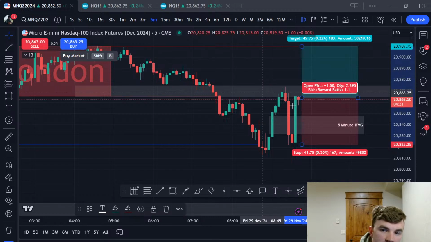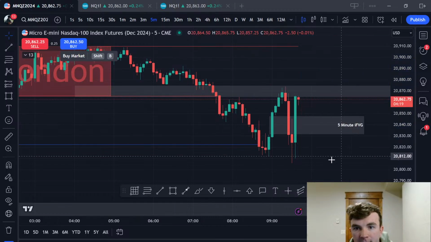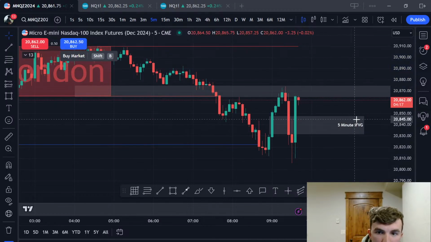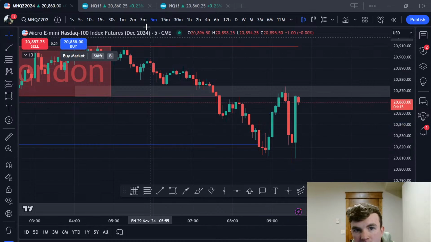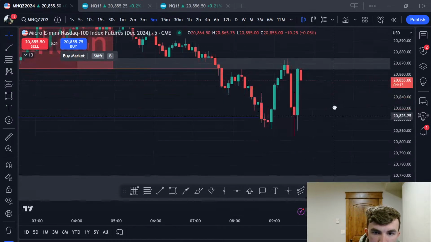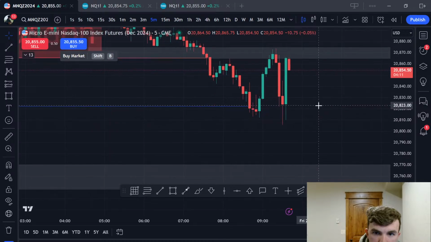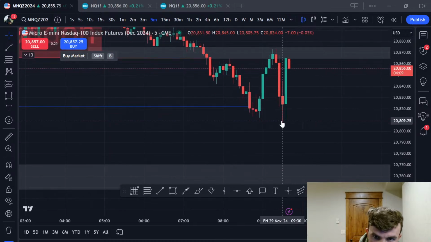It's not a good trade, but it might work. This one didn't work.